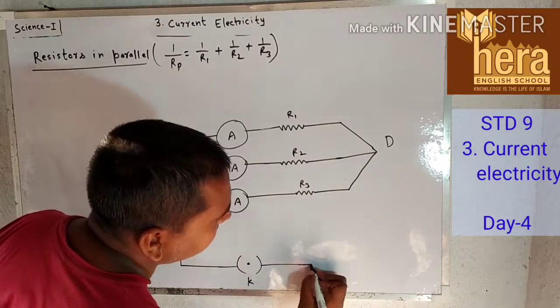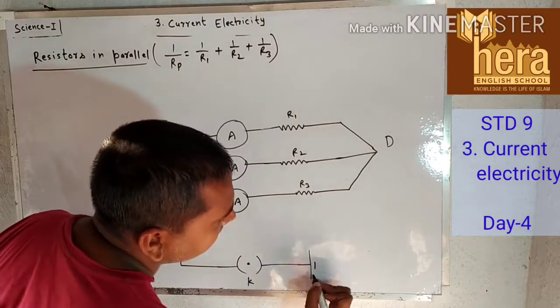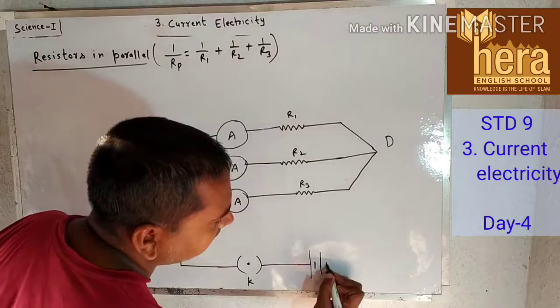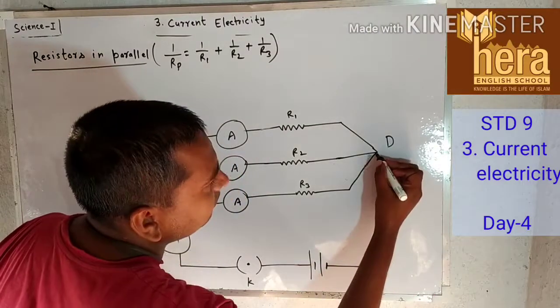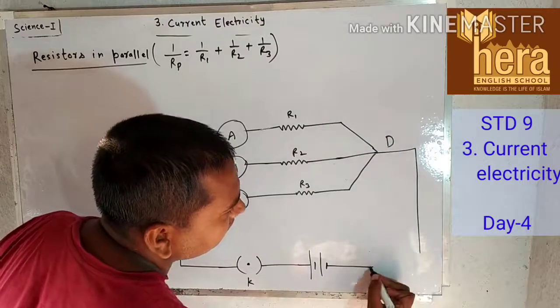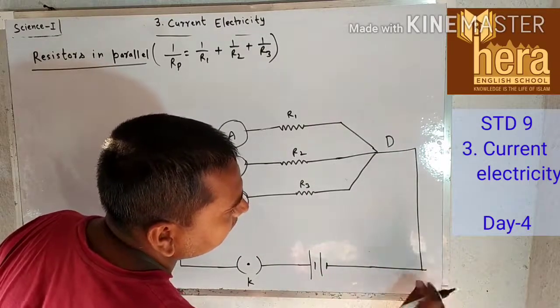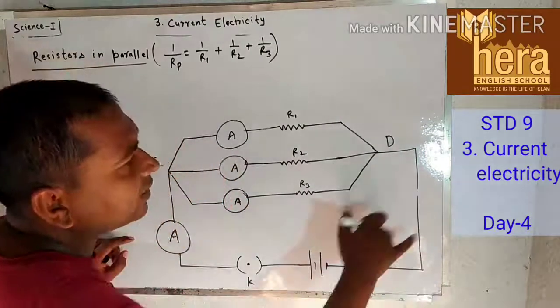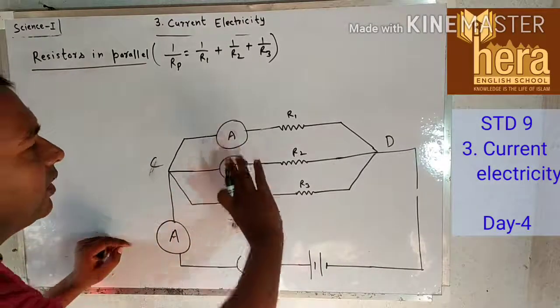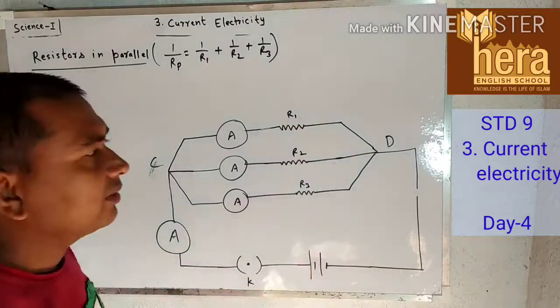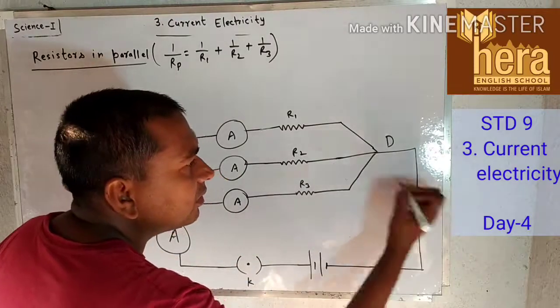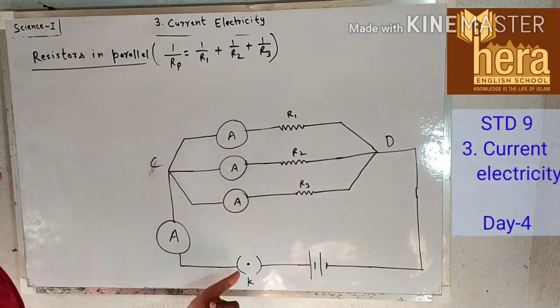There is a cell or battery. Now this became a battery. If I break the wire from here, now in this circuit current will not flow because the wire is broken. Now current will flow in the circuit because the switch is on.